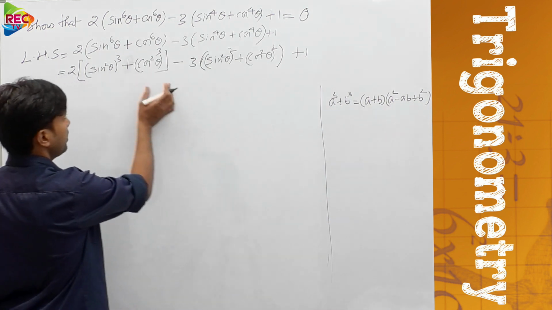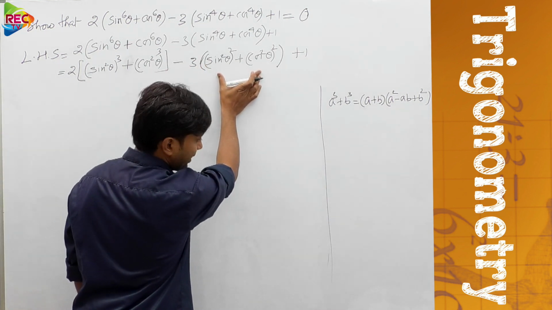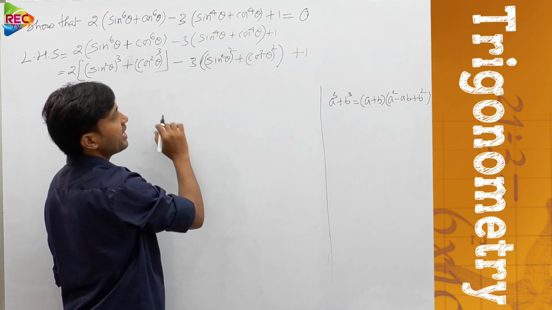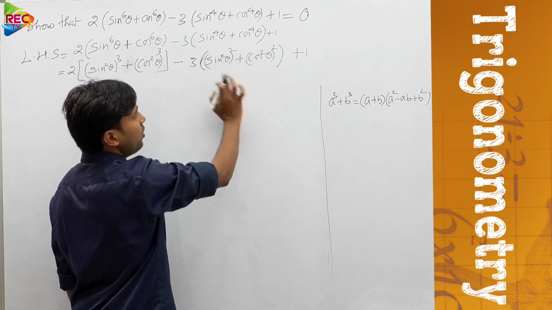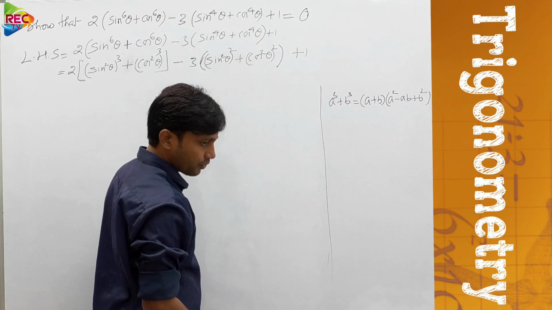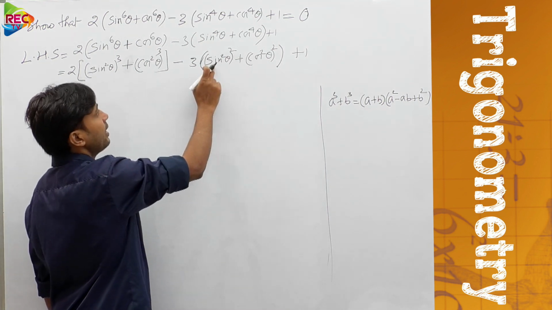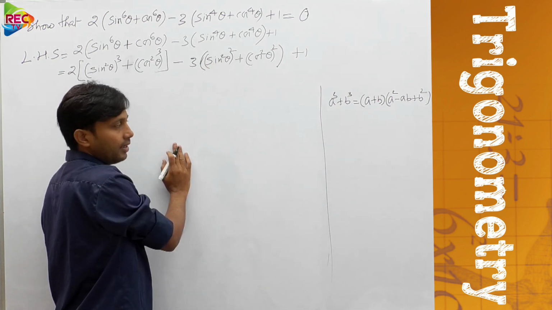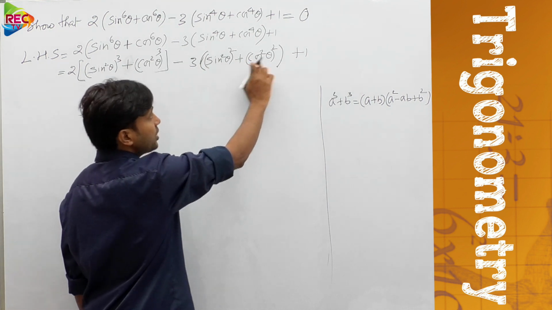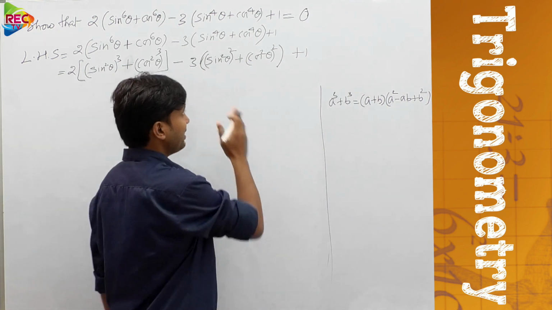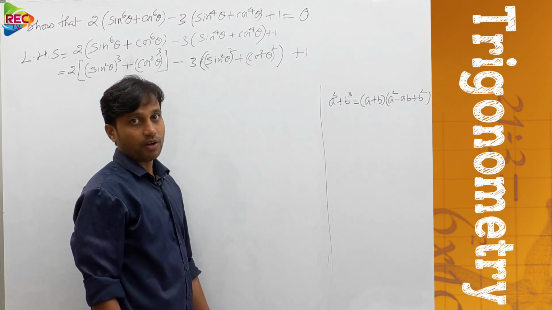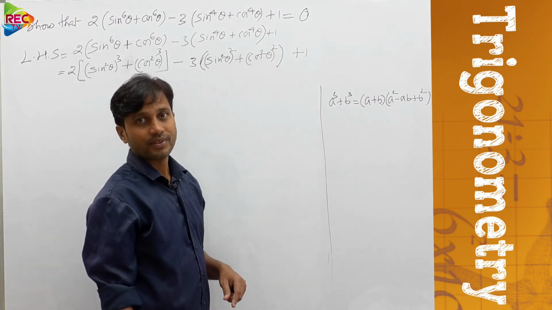Now focus on the second bracket. It is sine square theta whole square plus cos square theta whole square. If you consider again sine square theta as A and cos square theta as B, is this in the form of A square plus B square or not? Yes, it is.